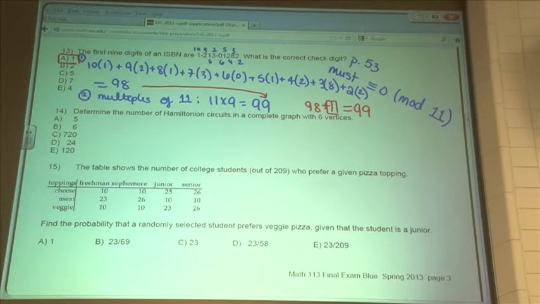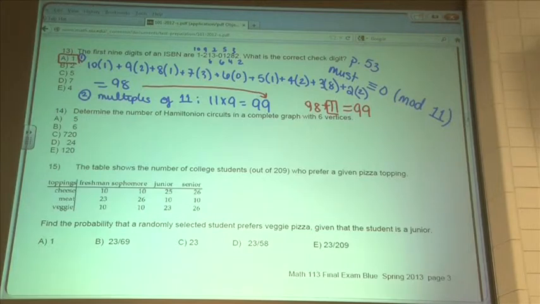See, find the number of circuits. We know it has to be a complete graph. So, we should take 1 less than the number of vertices. So if we have 6 vertices, we should take 5, and then do 5. Remember? Term is? Factorial. Close. Factorial.